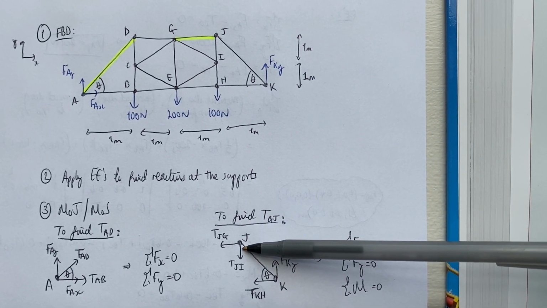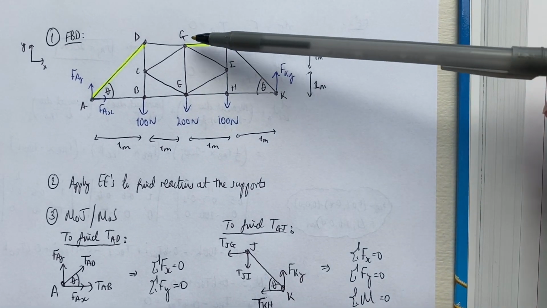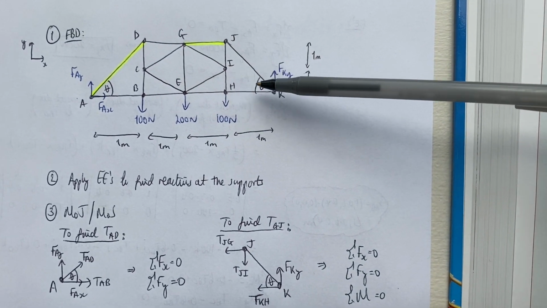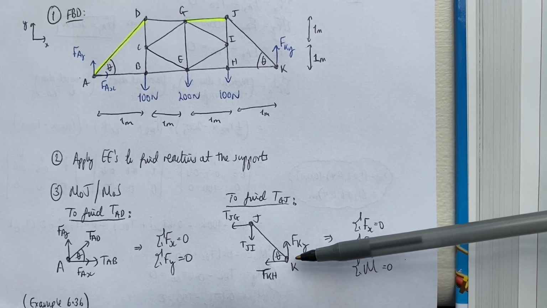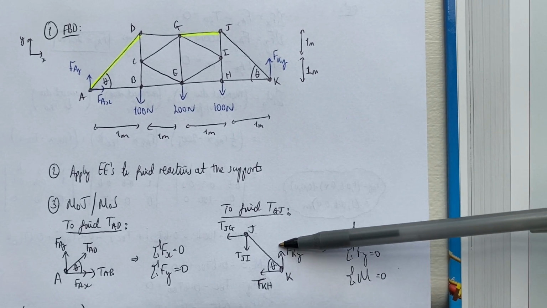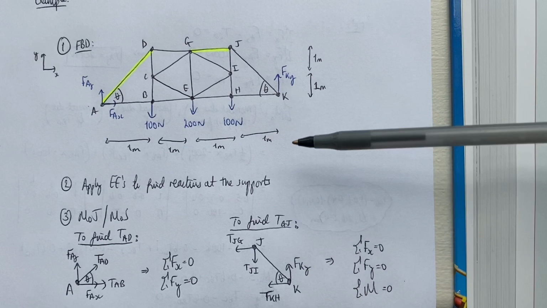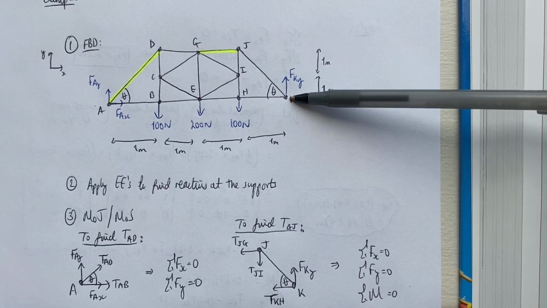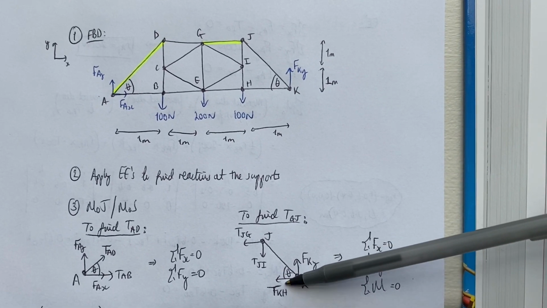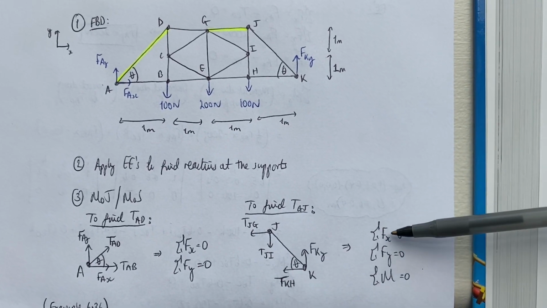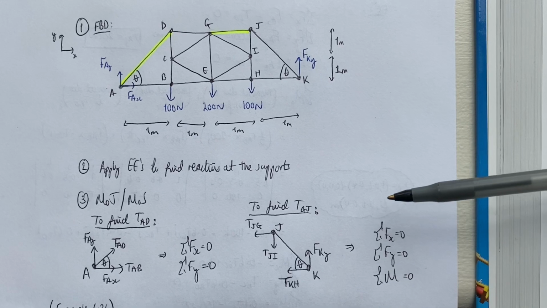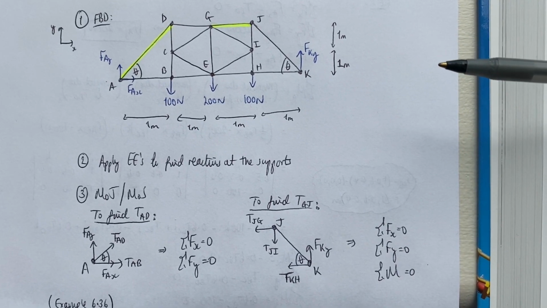Therefore I have unknown tensions in JG, JI and KH, which I've drawn here. So again, if I know FKY, which is the reaction due to the roller support at K, then I have just 1, 2, 3 unknown axial forces, and therefore I can apply 3 equilibrium equations to solve them.